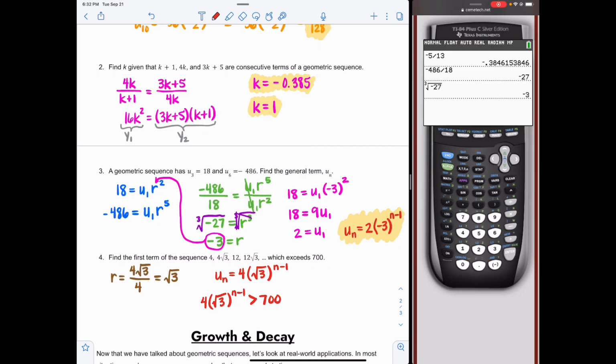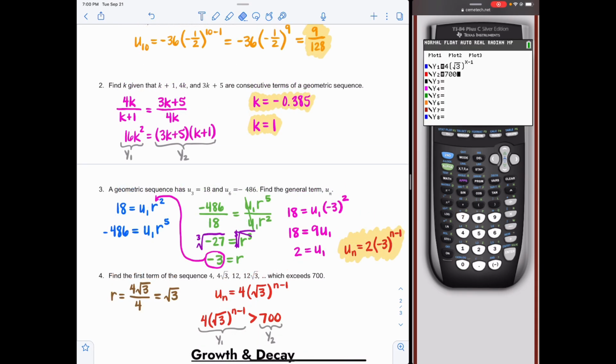I'm going to go to y equals, clear everything out that I had in there previously, and type in 4 times the square root of 3 to the power of x minus 1, because we don't put n's, we only put x's in there. On the other side, I'm going to put 700 in my y2.